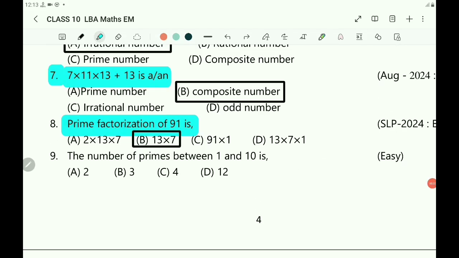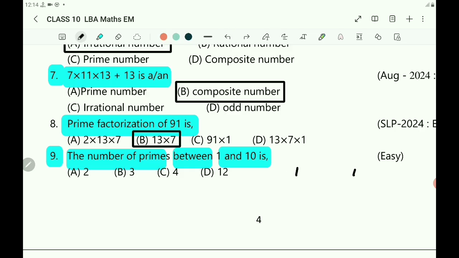What is the question? Question number 9 is the number of primes between 1 and 10. Means how many prime numbers are there between 1 and 10. So you take the numbers between 1 and 10. Start from 1. Since it says between, you have to leave out 1 and 10. And also you know that 1 is not a prime number and it is also not a composite number.